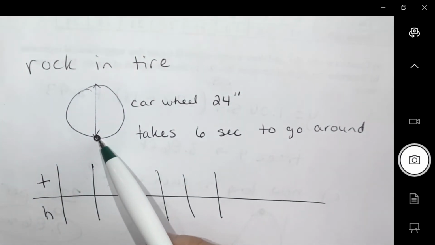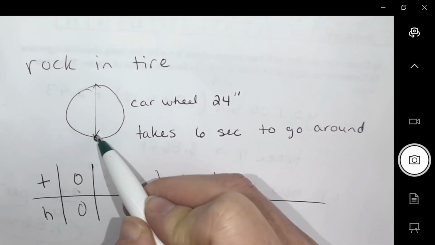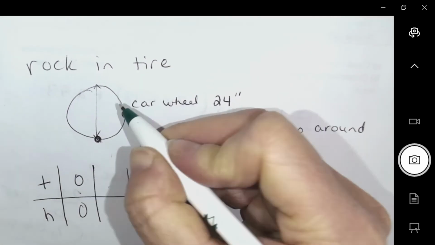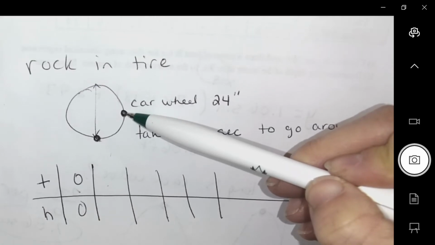Here's your first point I need. So this is at the time of 0, you're at the ground. Okay, the second is over here.